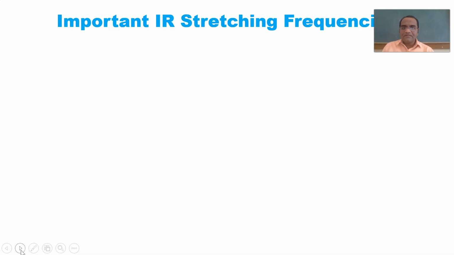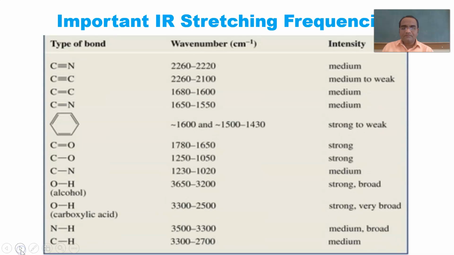Before starting the session, you should know some IR frequencies which are needed while solving these problems. Importantly, we will just highlight them, and you can also do it from the book. So I will superficially look at some frequencies.